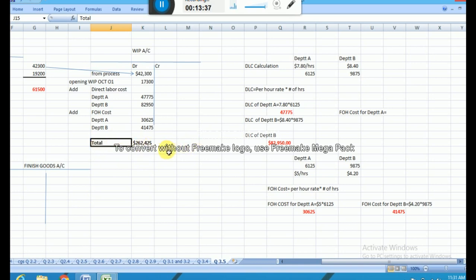This is our debit side. Our credit side will also be $2,62,000. Got it? I will copy here and paste here. How much?